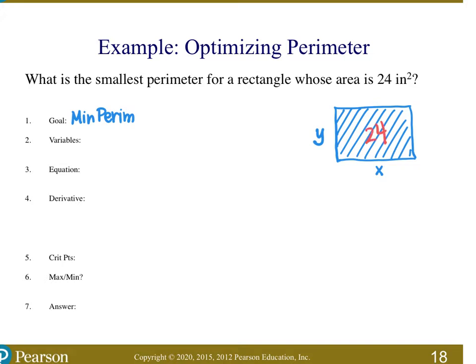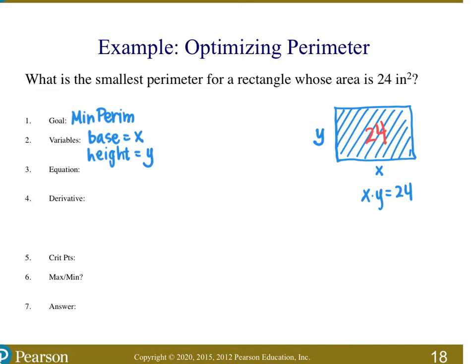How do we get area? We get area from x times y equals 24. All right, so my base is equal to x. My height is equal to y. Now, do I have an equation for y?